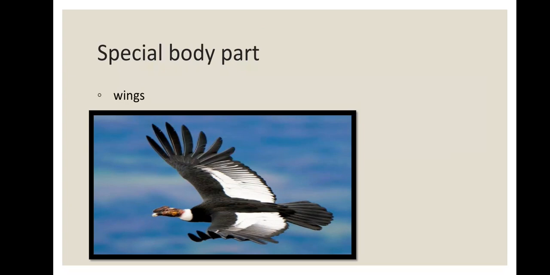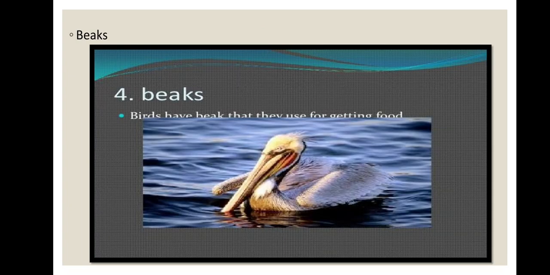For example, birds fly in the air. They have wings to fly. They have beaks for getting food. They catch worms and eat grains and seeds with the help of their beaks.